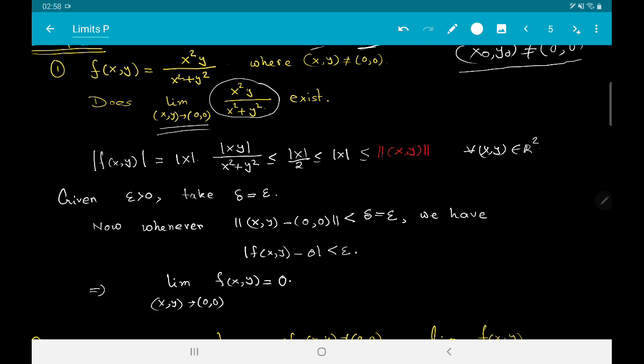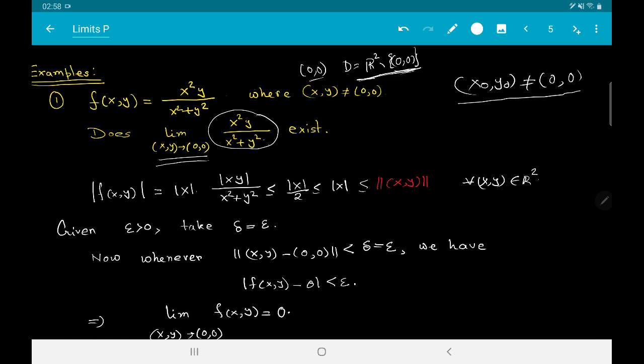So now we have seen this kind of calculation before. We have in particular dealt with these functions before when we talked about continuity. So modulus of f(x,y) turns out to be less than mod of x, and you can easily check that modulus of x is less than or equal to norm of (x,y) for every (x,y) in R2.